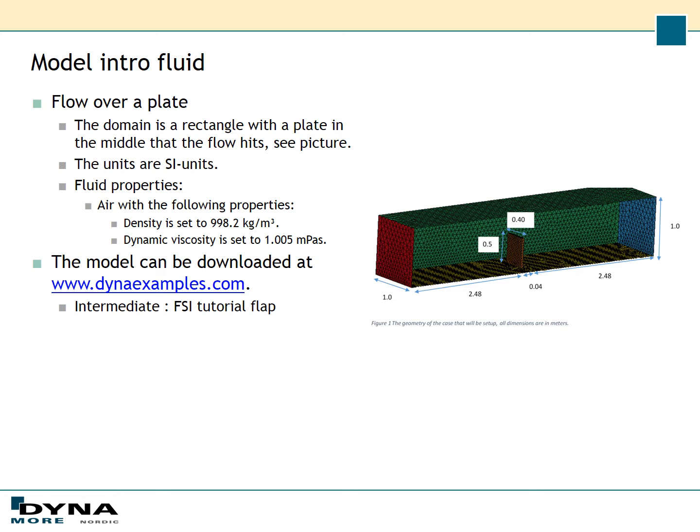And all the measurements here in the picture is in meters, since SI units are used. And you can download the model at dynaexamples.com, and it's called Intermediate FSI Tutorial Flap.